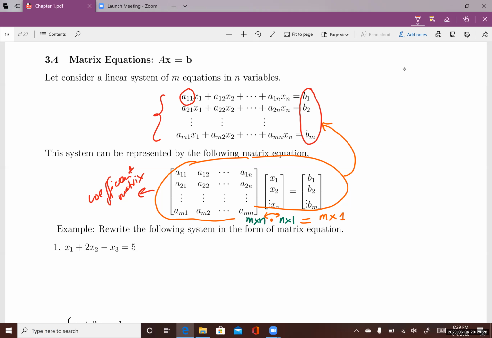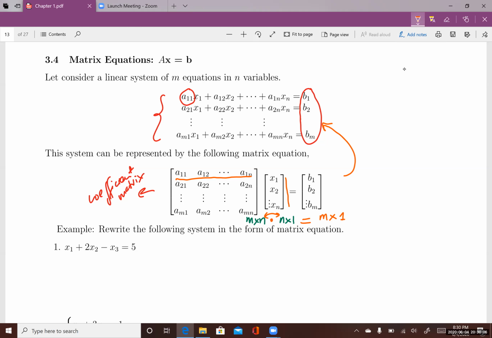If you want to double check whether this is the right representation, you can try to take the first row of this coefficient matrix and dot product it with this column vector of variables.